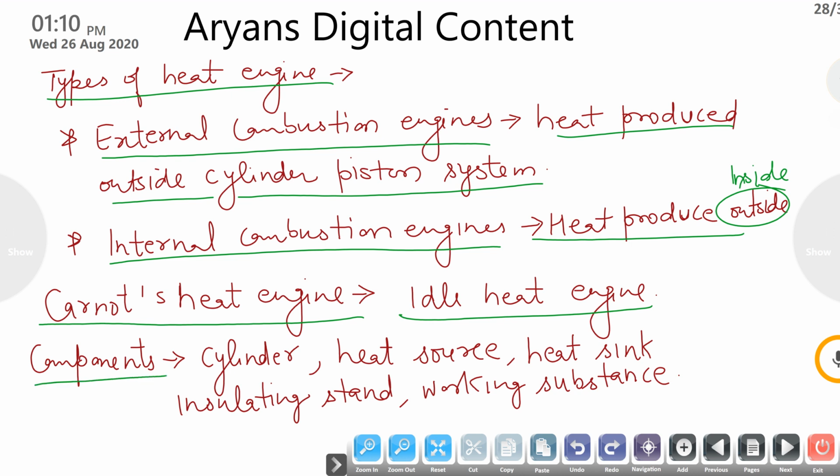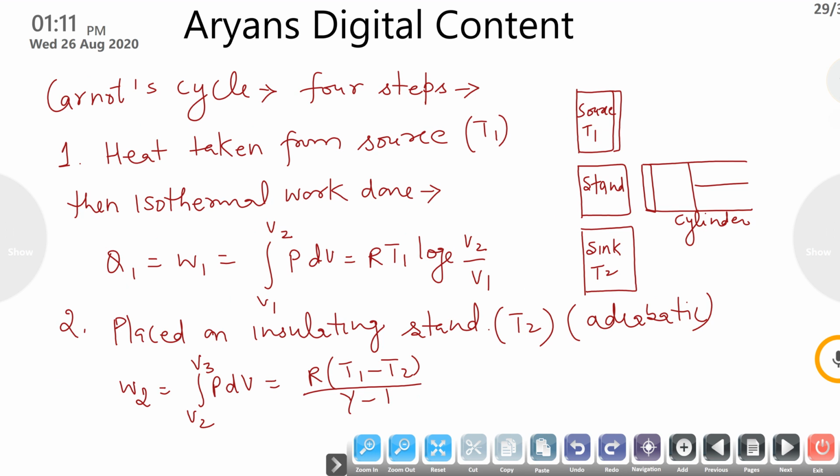The components of this are simple: cylinder, in this there is a working substance or gases, heat source which will give you the amount of heat at temperature T1, heat sink, in this you will reject your remaining amount of heat after work done, insulating stand, it is a stand on which the cylinder piston system will be placed during the process, and working substance is nothing but the gases used in your cylinder piston system.